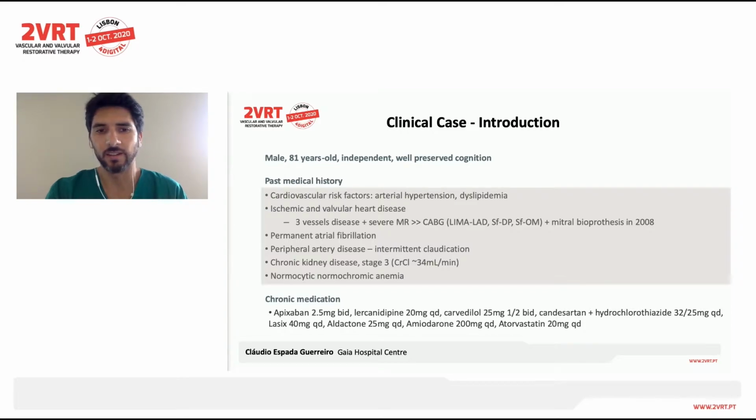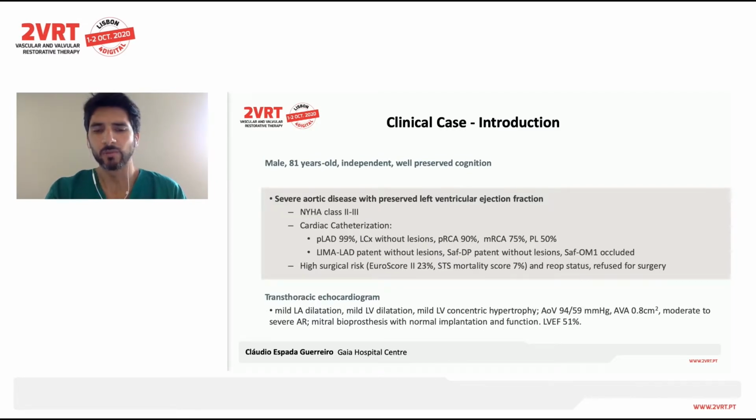He also had, in past medical history, permanent atrial fibrillation and peripheral artery disease. He was referred to our center because of severe aortic stenosis with moderate aortic regurgitation, with preserved left ventricular ejection fraction. He was in NYHA class 2-3.